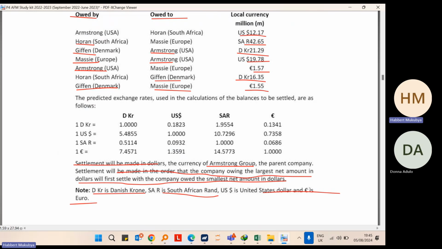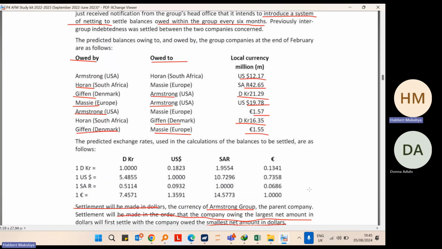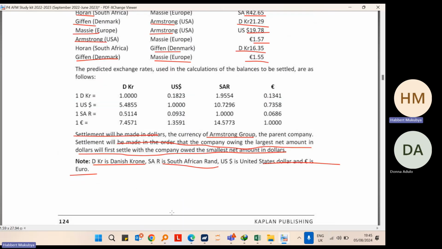Now, when you look at it, you have several amounts that are owing and owed by different people, and the idea is we have to convert them to dollars because they say that settlement will be made in dollars.